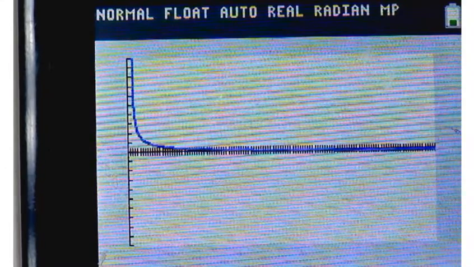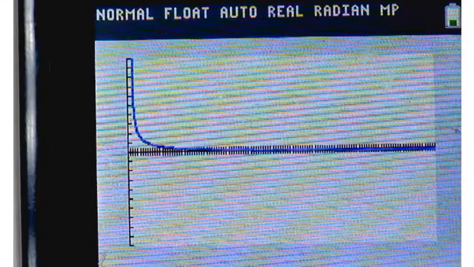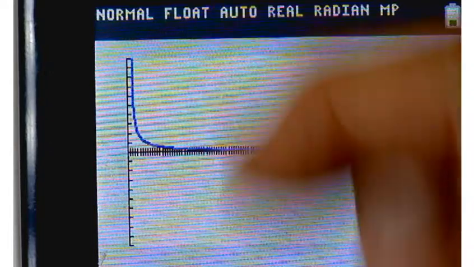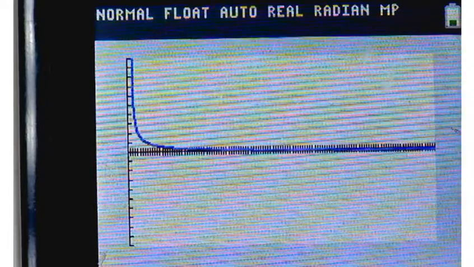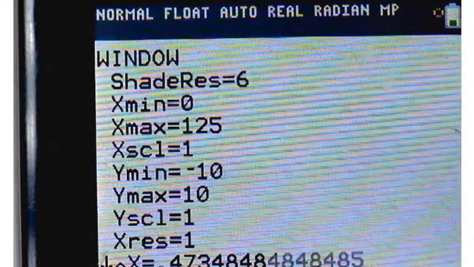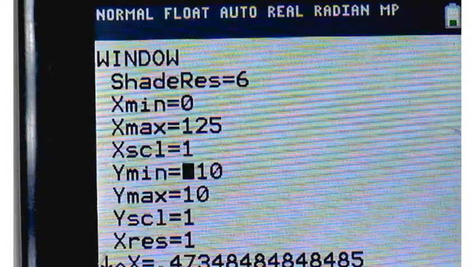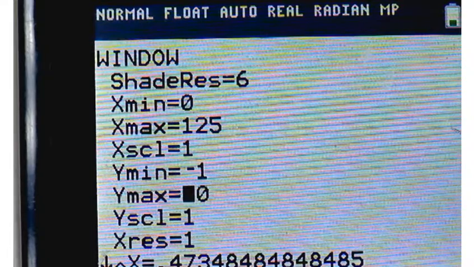Now, the question is, where does it cross the x-axis? Well, what we can do is try and zoom in a little bit. Since our graph is too tall, let's adjust our window. Let's go between, say, negative 1 and 1.